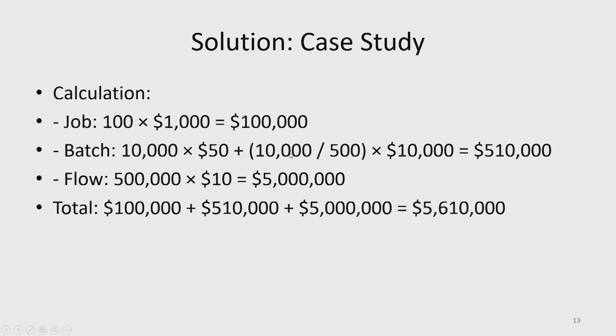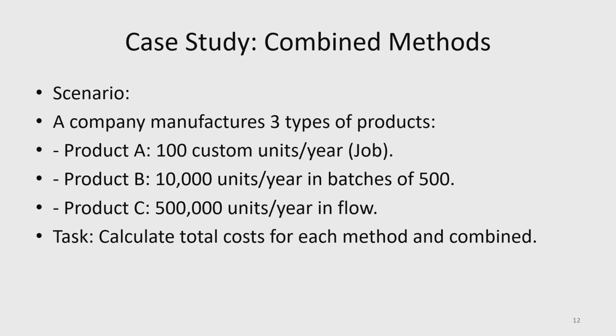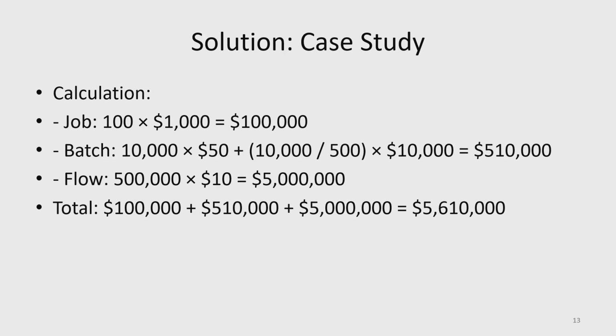You understand that we have to make 10,000 units, but it is not made in one batch, it is made in batches of 500. So therefore total batches are 10,000 divided by 500. Each batch setup cost is $10,000, so therefore total setup cost is this one, and variable cost is proportional to the items.